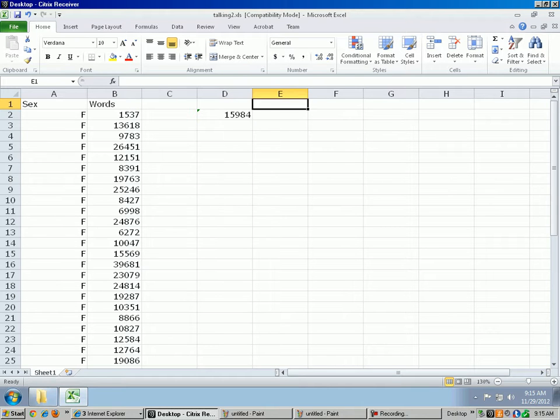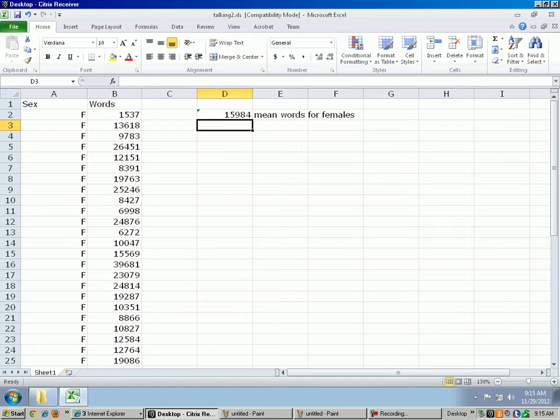Okay, so that is the mean number of words. I'll just say words for the females. Okay, and what is the standard deviation?